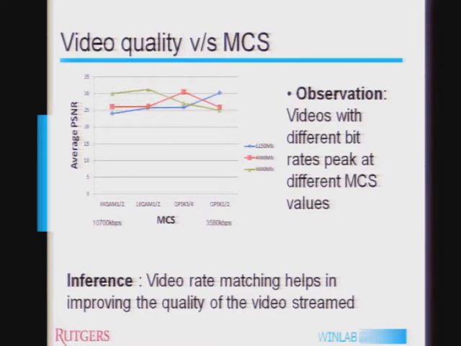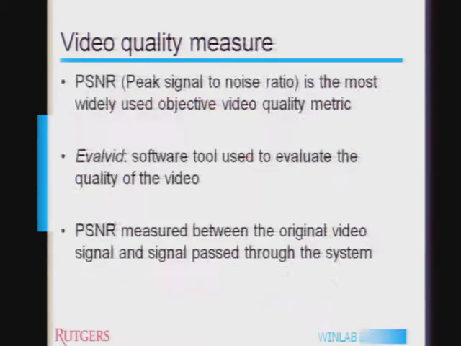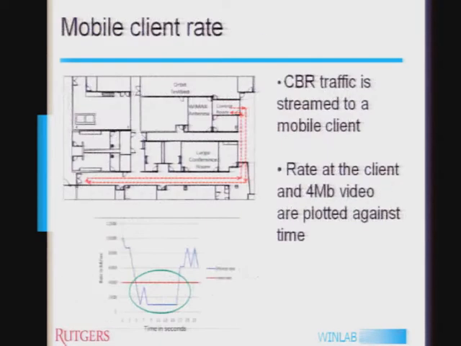Yeah, it is that. So it's along that path in this particular time frame. This is how the 9 MB video would behave. Initially, it has a good PSNR, but as the client moves away, in this region, when it's in a bad signal region.